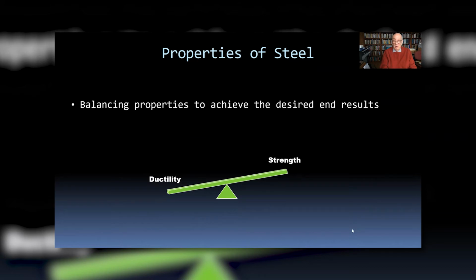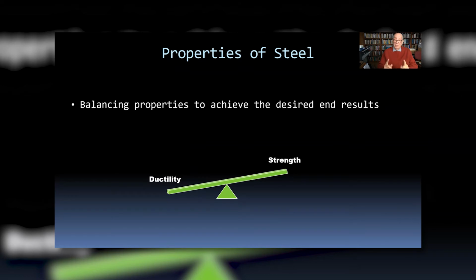Howsoever, at one point in all of our lives, we've probably been on a teeter-totter. And we know that in this particular teeter-totter, we have strength properties on one side and ductility properties on the other. And we know that as the strength goes up, the ductility will go down. And as the ductility goes up, the strength will go down.